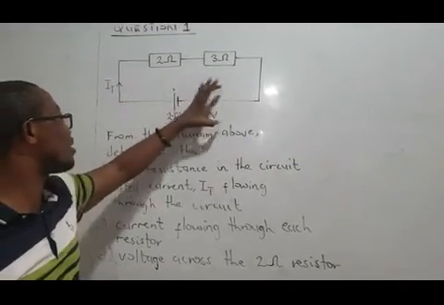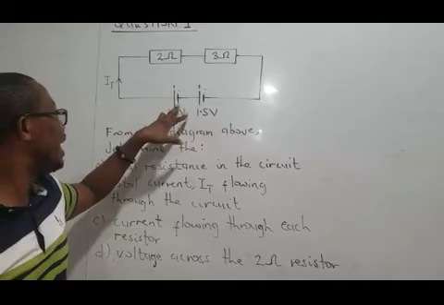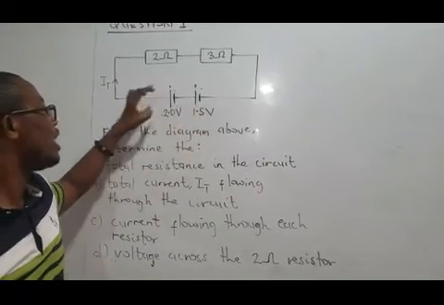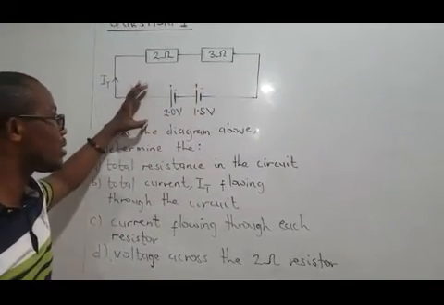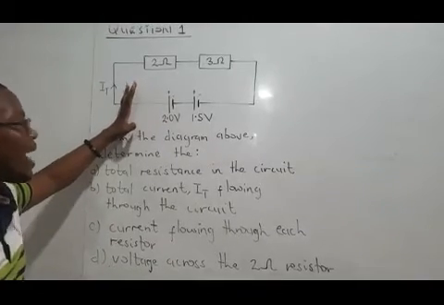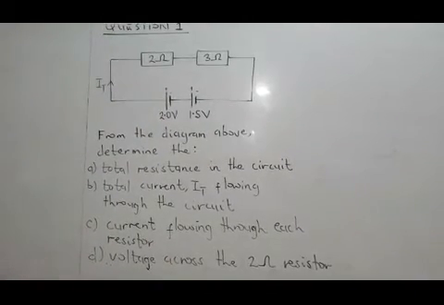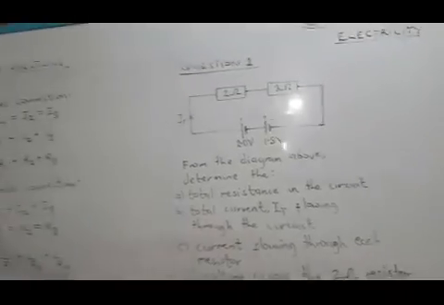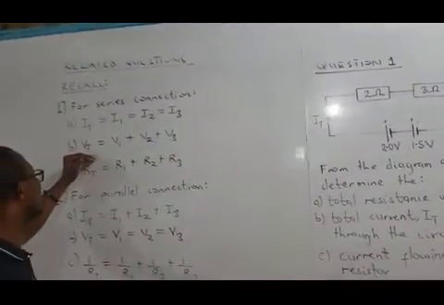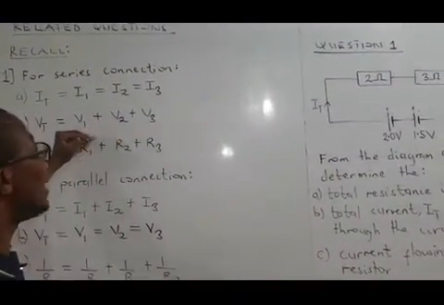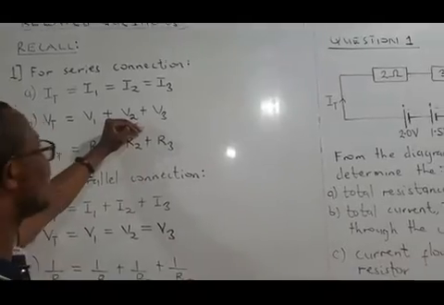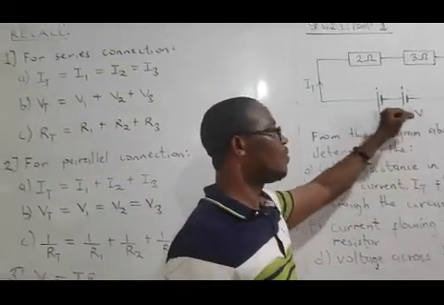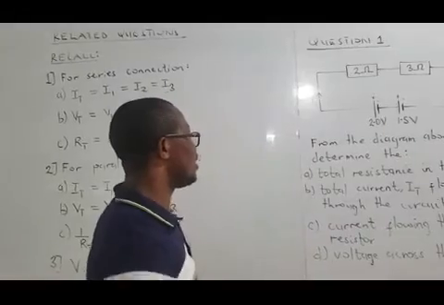Because the negative terminal of one cell is connected to the positive terminal of the other, these cells are in series. So for series arrangement, how do you determine the total voltage? You say for series arrangement, the total voltage is the sum of the individual voltages.